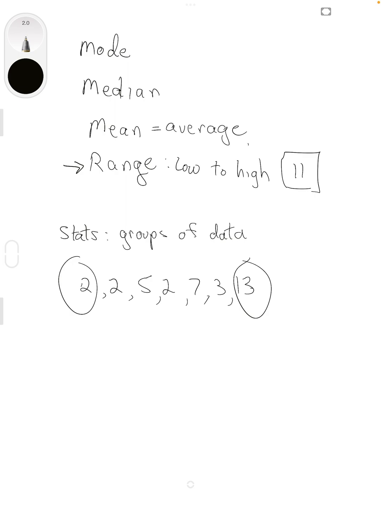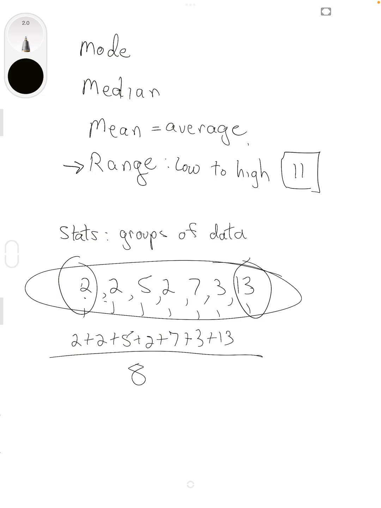And as you all know, the average is you just add them all up, 2 plus 2 plus 5 plus 2 plus 7 plus 3 plus 13, and just divide it by 1, 2, 3, 4, 5, 6, 7, 8. So you add all of the data and divide it by the number of items you have. That's the average or the mean.